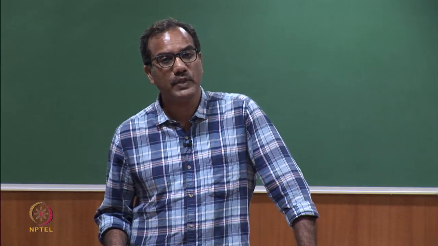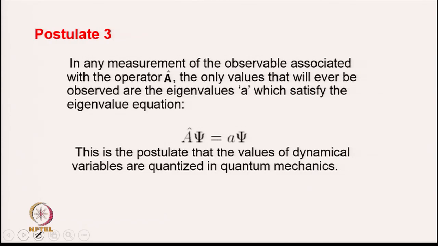Now we will go to postulate 3. According to postulate 3, in any measurement of the observable associated with the operator A, the only values that will ever be observed are the eigenvalues a which satisfy this condition. If you apply this operator on a wave function, you get the wave function multiplied by a constant, which is known as the eigenvalue. It has to be real, then only it can be the solution.